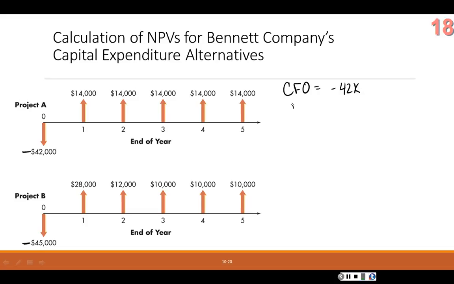Push enter and the down arrow. Cash flow at time period 1 is $14,000, and here you can save yourself some effort by using the frequency button. The frequency of the first cash flow is 5. Alternatively, you could enter in $14,000 5 times.